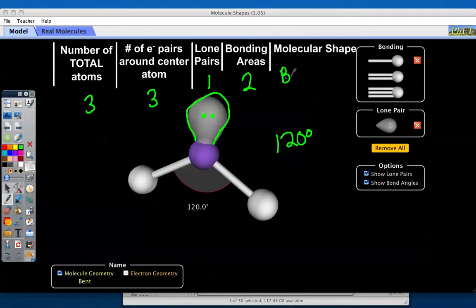It's no longer in a straight line, it has bent, so that is the name of the shape. So I would draw this a circle, two angled lines, another circle at the end of each of those, and then the lone pair. I wouldn't worry about drawing the electron cloud, just the lone pair.